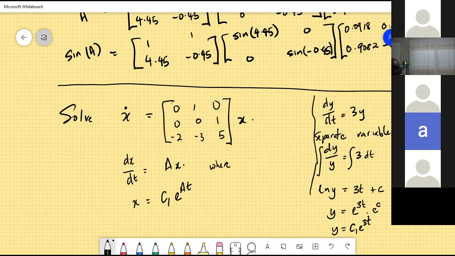Using the same principle. So we need to find e to the a t.